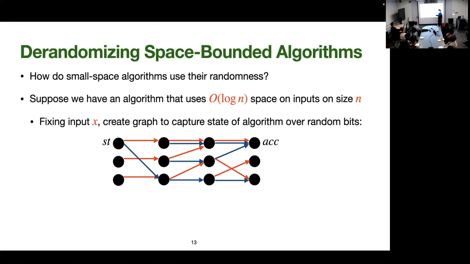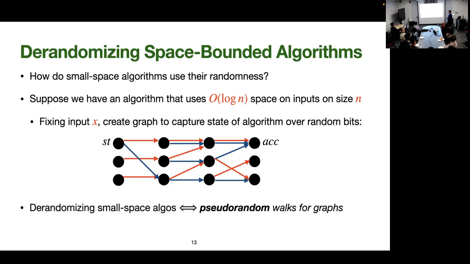So we can think of this graph as capturing how the tape is evolving over the random bits. And the result is that de-randomizing small space algorithms is basically captured by producing pseudo-random walks for graphs. If we can produce a set of random walks over this graph, which lets us estimate the probability that a random walk from here gets to here, then we will have successfully de-randomized, because that's the restricted computational problem that we're solving.